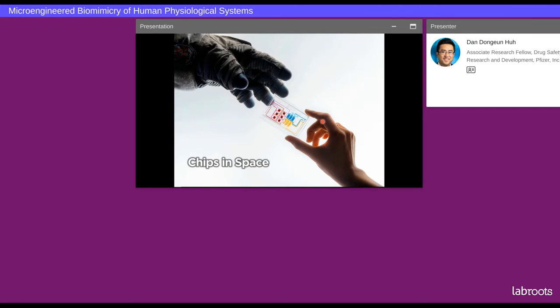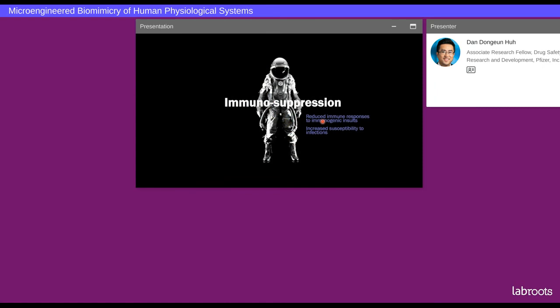So we've also sent those tissue chips, organ chips, up to space. We got selected as one of the 5 labs in the country about 3 years ago to send those tissue chips up to the International Space Station. So in this project, we're studying immunosuppression, which refers to this interesting phenomenon that occurs in the microgravity environment.